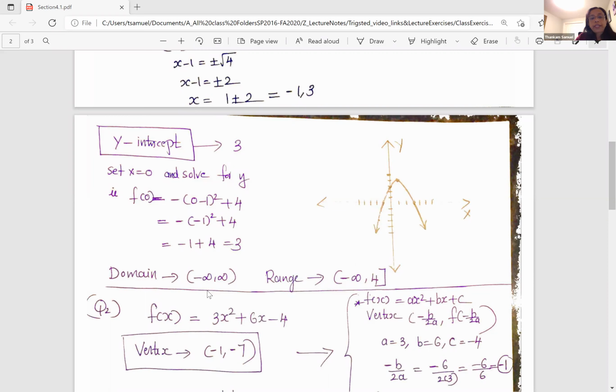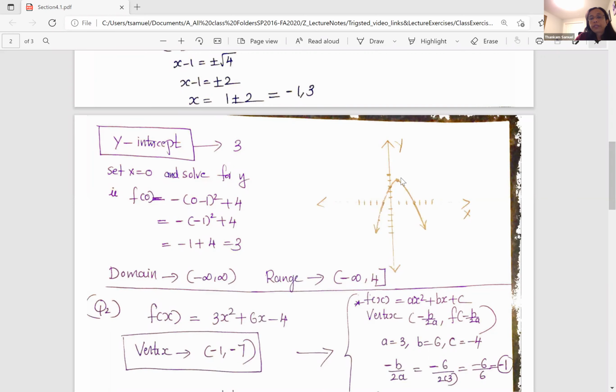The next step is to find the domain and the range. You can see that the parabola extends to both sides of the x-axis. So the domain is negative infinity to infinity. And the range: it is going down, right?